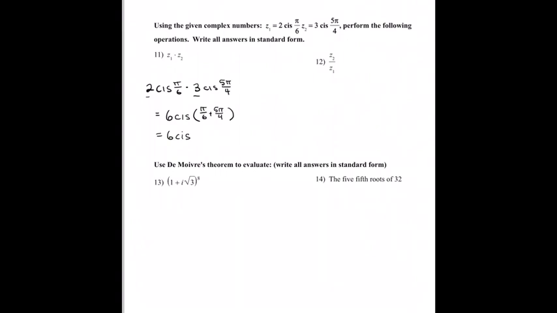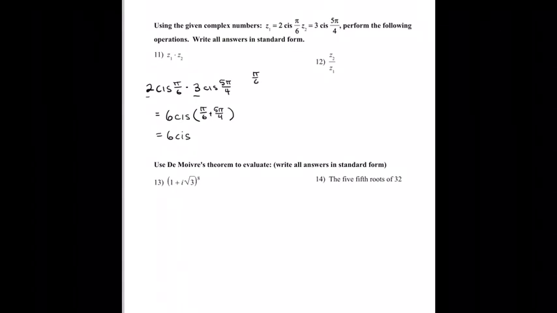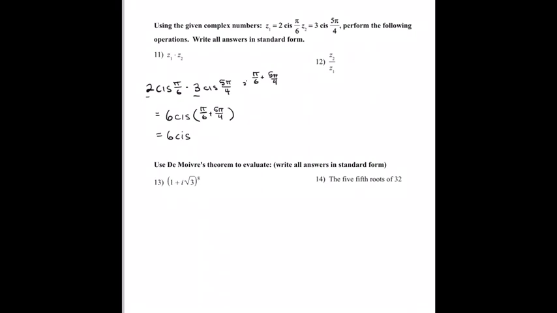Okay, let's see, pi over 6 and 5 pi over 4. We need to get a common denominator of 12. So that's going to be 2 pi plus 15 pi. That's going to be 17 pi over 12.